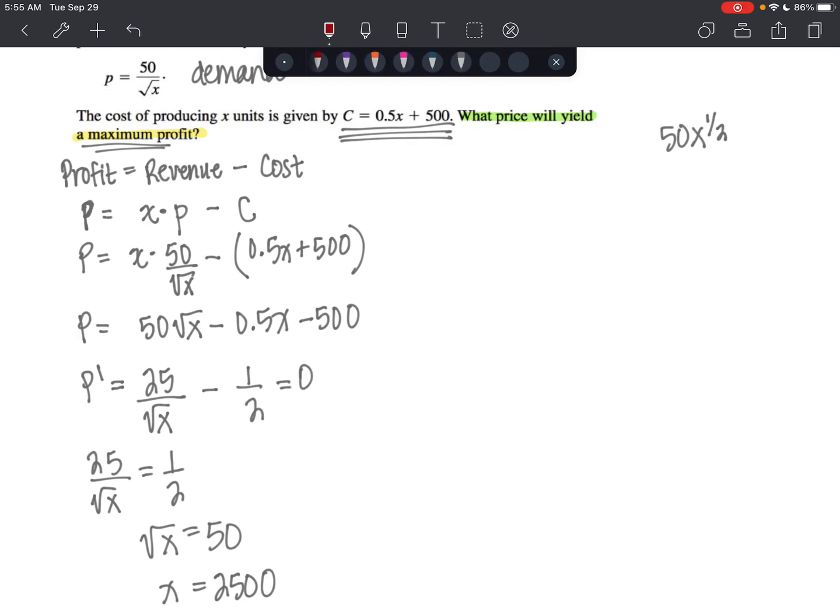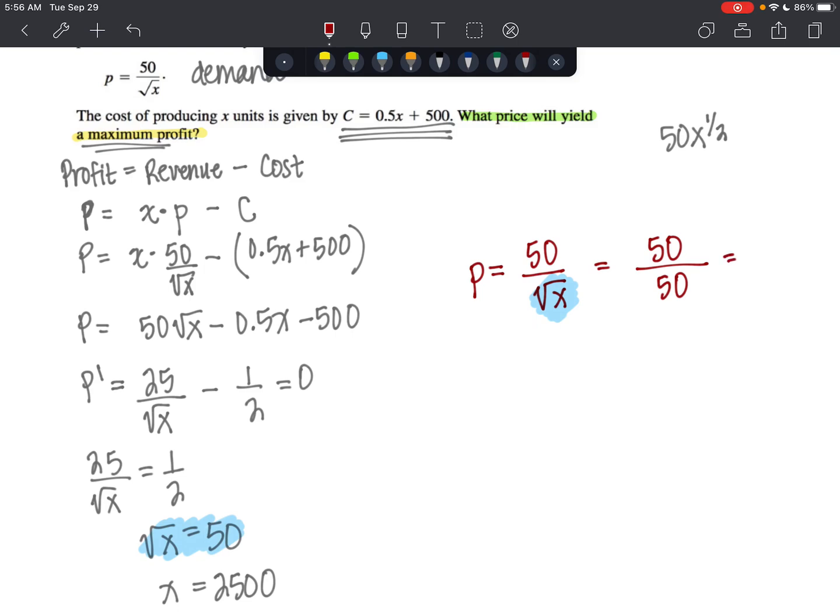So let's come over here and do this in a color that's going to stand out to us, that you're not going to be able to miss. The price that's going to yield that maximum profit is going to come from 50 divided by the square root of x. And the square root of x is 50. See, so just by keeping that as the square root of x, I can just substitute 50 in for the square root of x, and I get $1.